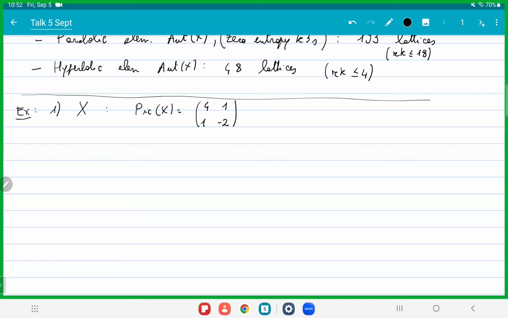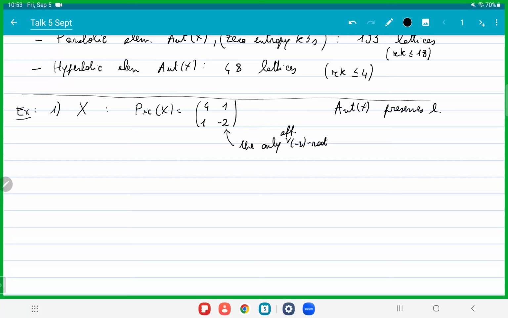We want to compute the isometries that preserve the nef cone. But here it's pretty easy, because I said that this is the only effective minus 2 root. If there's only one effective minus 2 root, the whole automorphism group must preserve it. So Aut(X) preserves the line.